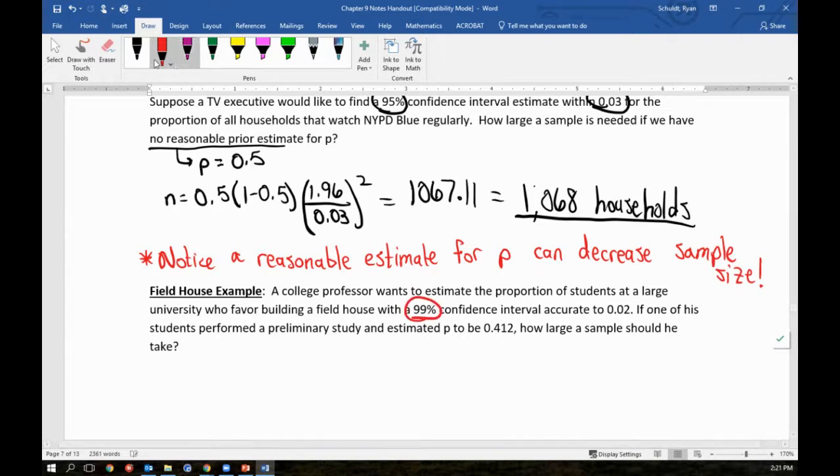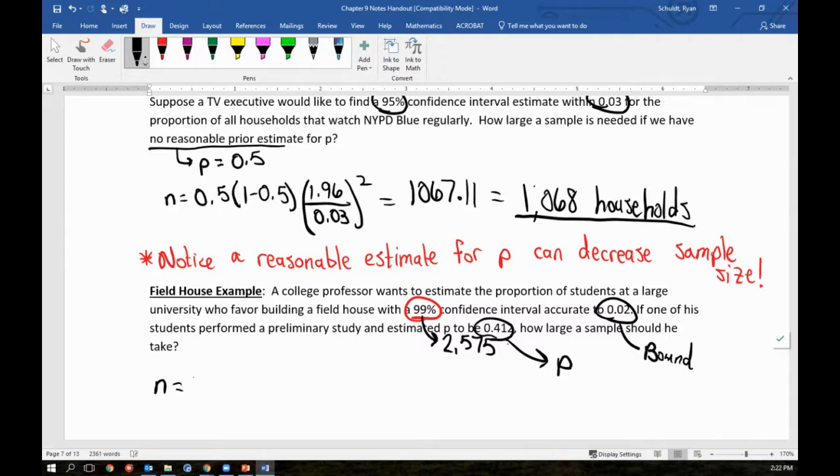What's our Z critical here? 2.575. Interval accurate to 0.02. That's our bound. And they perform a preliminary study and estimate the proportion to be 0.412. That's our P.